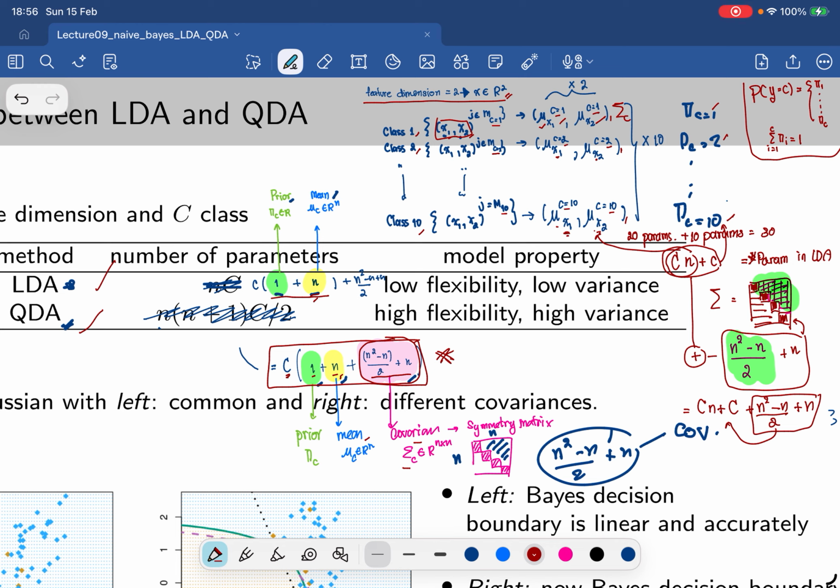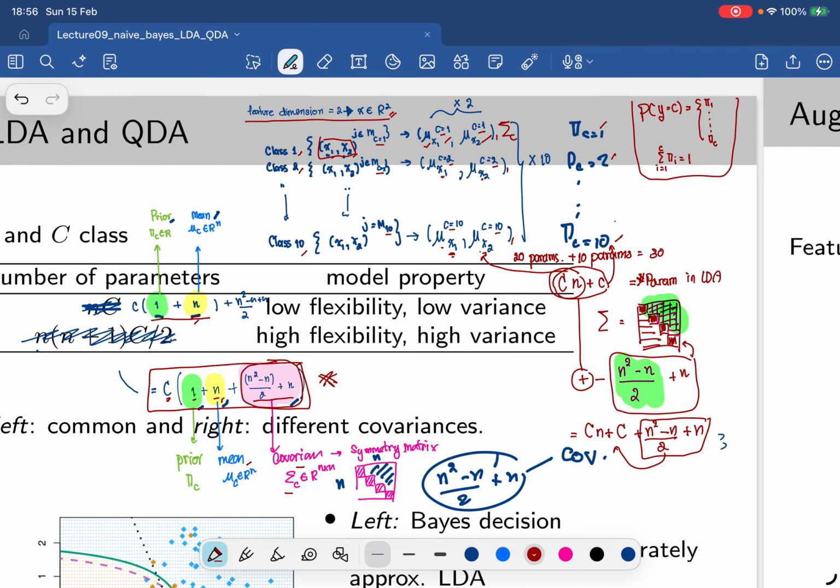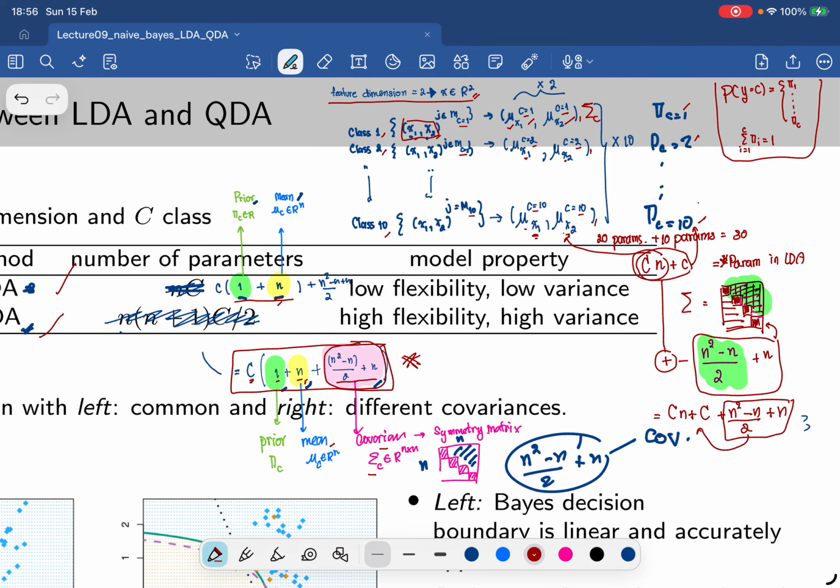But it's not a lot of a problem because, for QDA and LDA, as we mentioned before, we can use simple algorithms like the sample mean and sample variance to compute them.